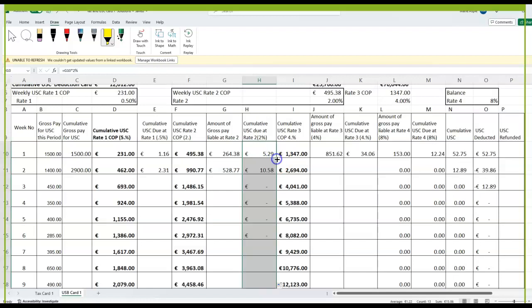Sorry, bring it down. The next portion then, are we going to exceed cutoff 3? Yes, we are. So this cutoff point is going to be used this time, and it will indicate that 1703 is subject to tax at 4%, and then we have the balance remaining at the 8%. So just let me bring down that.